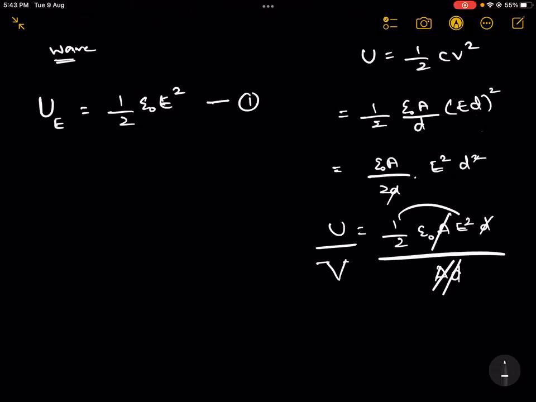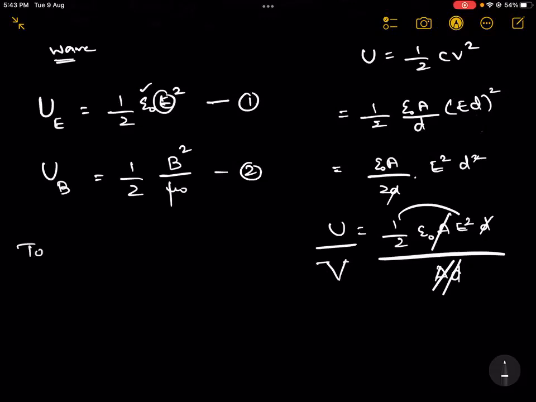So what is the other field that is present in it? Magnetic field. So what is the value of the magnetic energy density? Half, replace electric field with magnetic field. So B squared divided by, you replace epsilon naught with 1 by mu naught, divided by mu naught. Let this be 2.